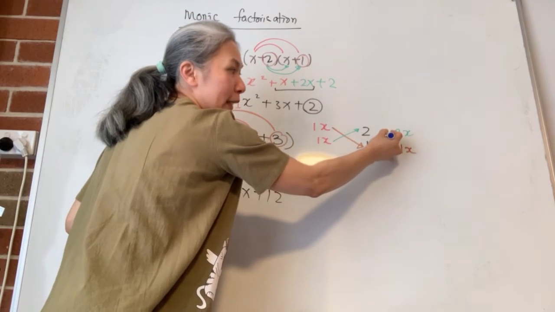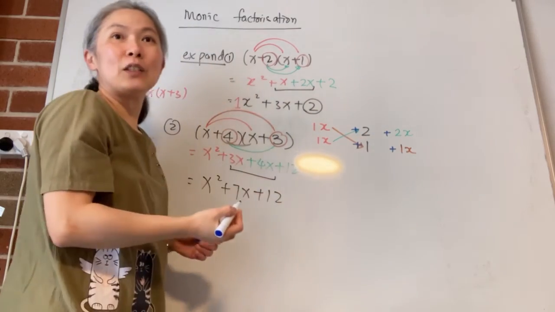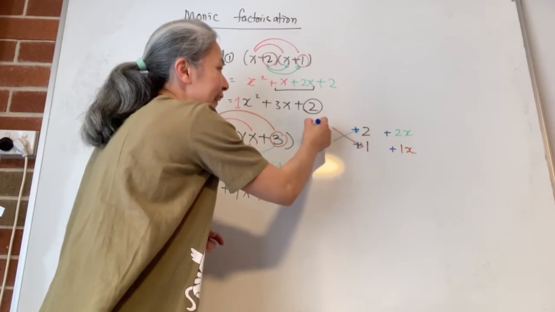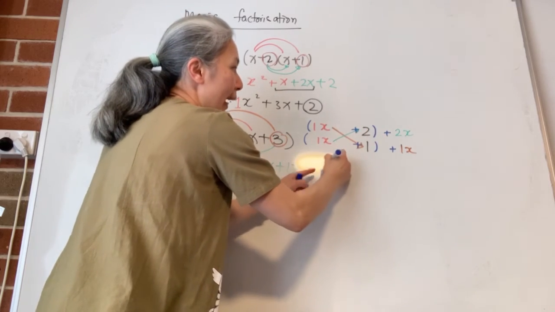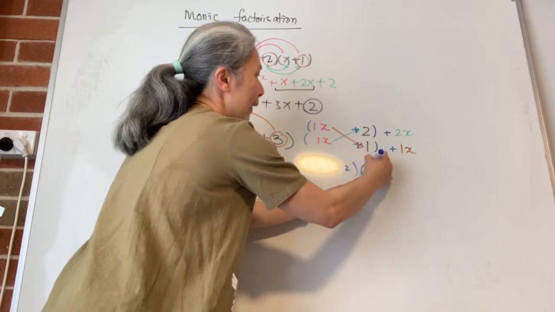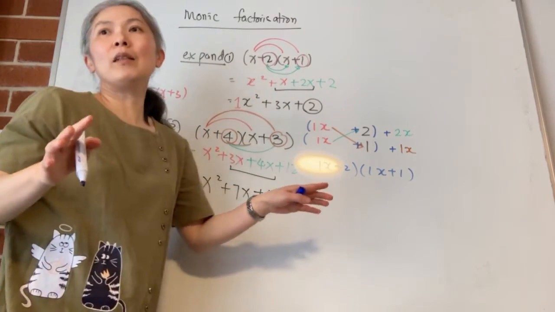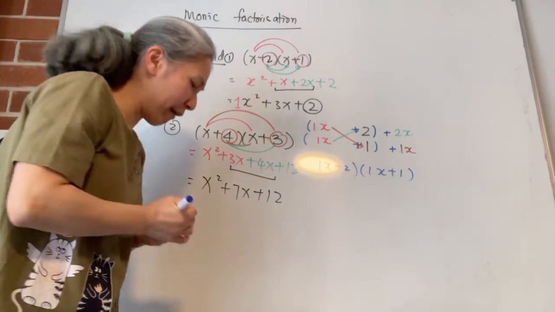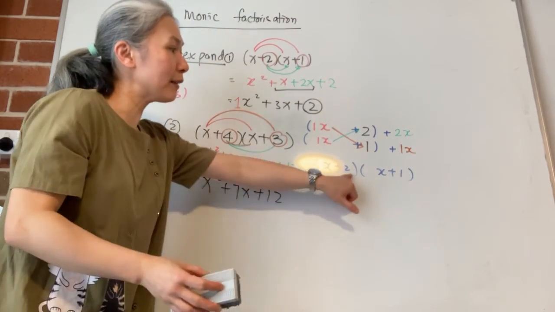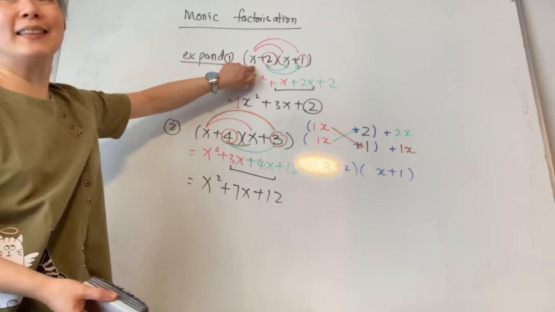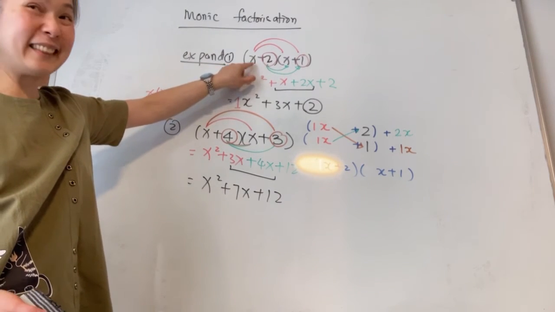That means I want you to take this plus in here. So the factorizing you are getting, this is what you are going to write: 1x plus 2 and then 1x plus 1. Again, we are not allowed to write 1x, isn't it? You're never allowed to do 1x. That's why, instead of 1x, you just write x plus 2, x plus 1. That's exactly what we have. Okay? Make sense? Yes. Okay.